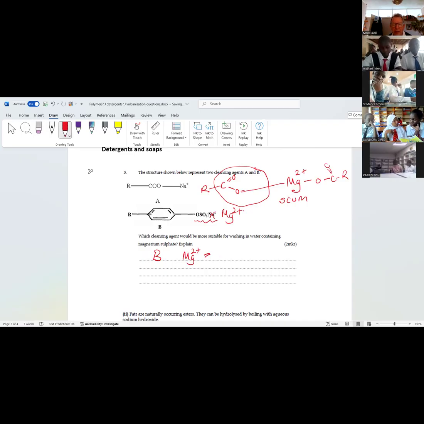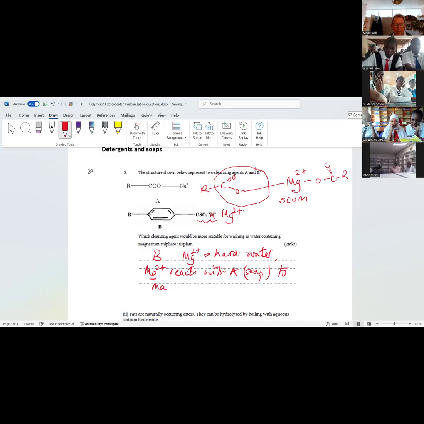The magnesium from the magnesium sulfate makes it hard water, and the Mg2+ reacts with A, and A is a soap, to make scum, which is no good. It will not make bubbles until all of the hardness has gone.